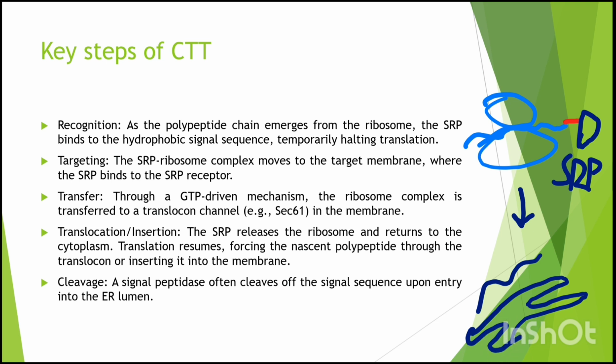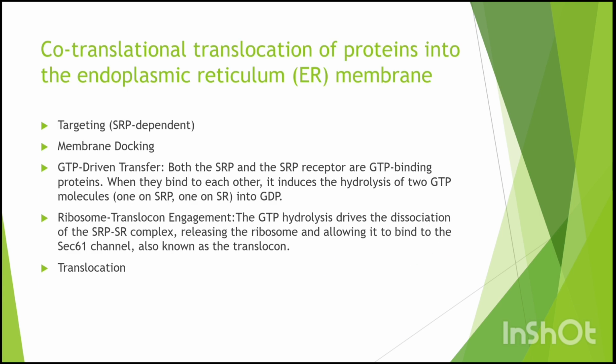On the ER membrane, GTP binds to it, and this attachment leads to the hydrolysis of GTP, forming GDP, and finally the protein enters a translocon channel, and SRP and the signal sequence both detach from that protein. So this is the whole process.